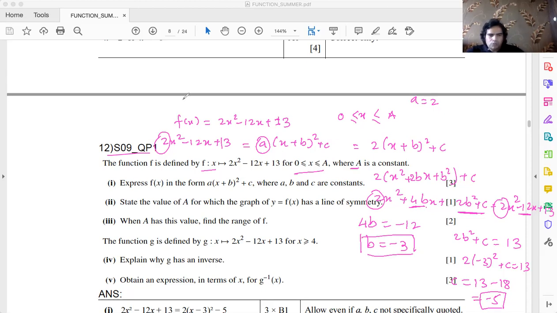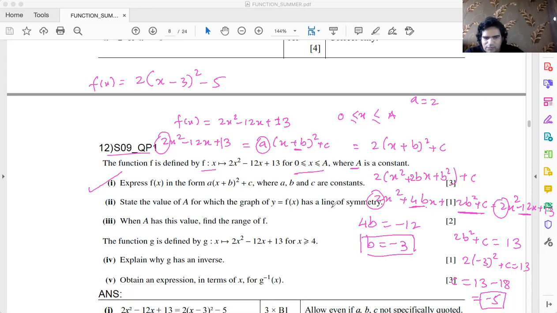So when you do the final substitutions, f of x can be written as 2(x minus 3) the whole squared minus 5, since b was negative 3. Then they're asking to state the value of a for which f of x has a line of symmetry.